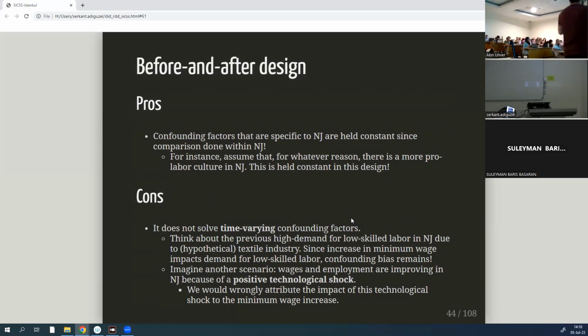Things that vary in time, if you don't control for them in this before and after design, can still confound the relationship. We take care of time invariant confounders, meaning anything that is constant in time, but anything that varies in time is not taken into account in this setting. So they can still potentially confound the relationship. That's the con: time varying confounding factors are not taken into account in this particular setting.